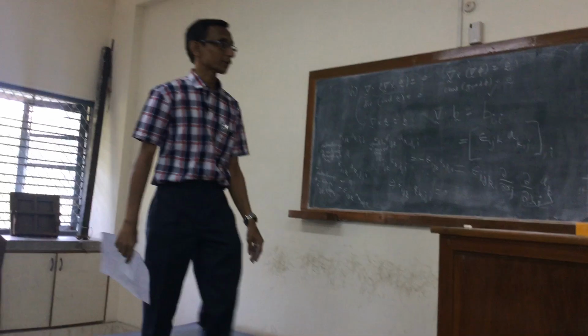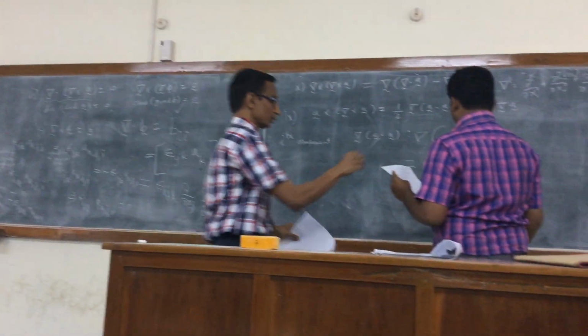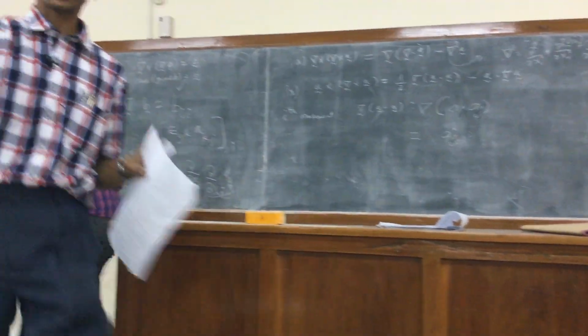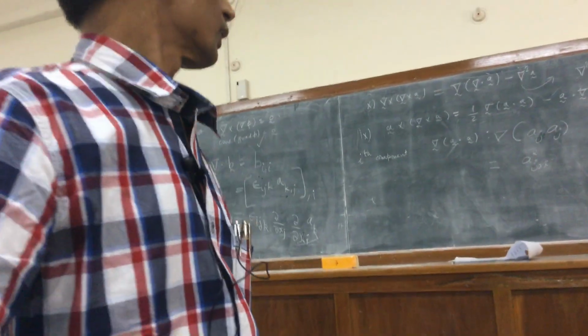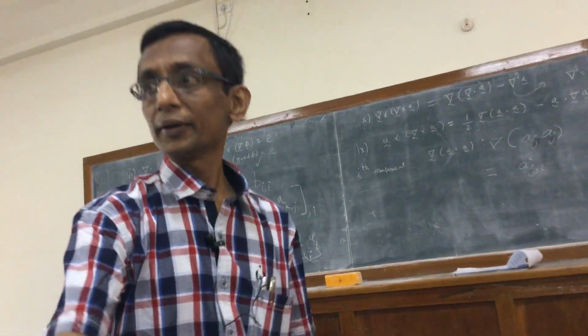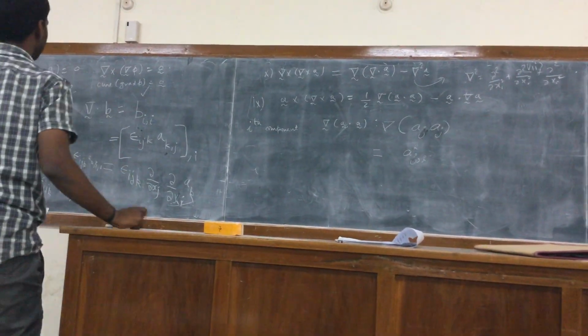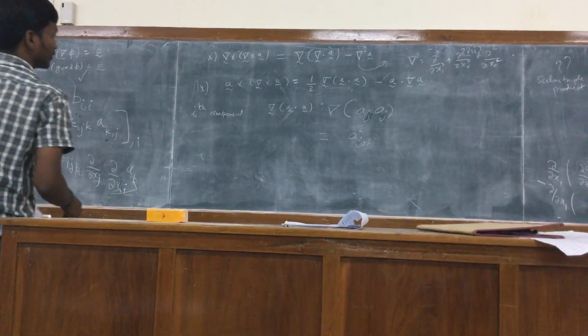It's not complete. Okay, you're having a problem writing this. Let's see. That is correct. The gradient of A_j, that is fine. Now write the ith component of that.